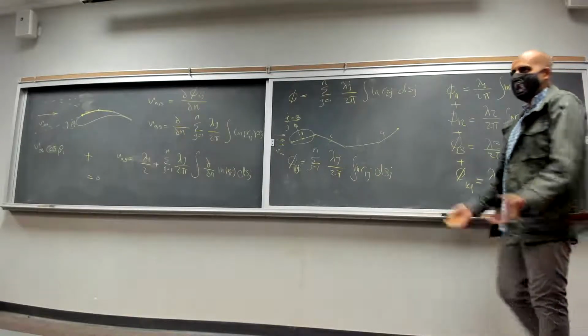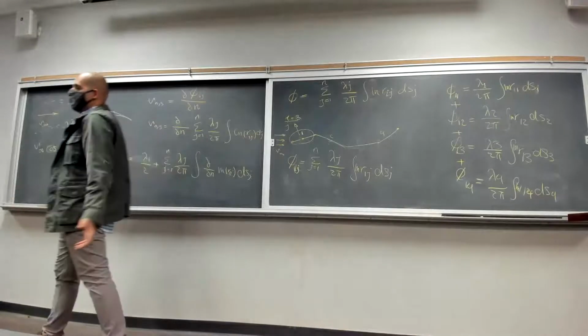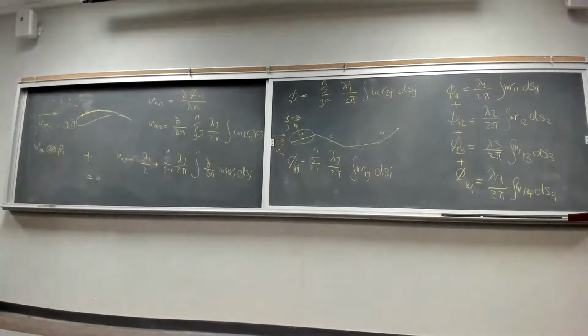Let's say you have 100 panels. You will have a system of 100 equations and 100 unknowns, which will give you the final strength of the source for each panel.